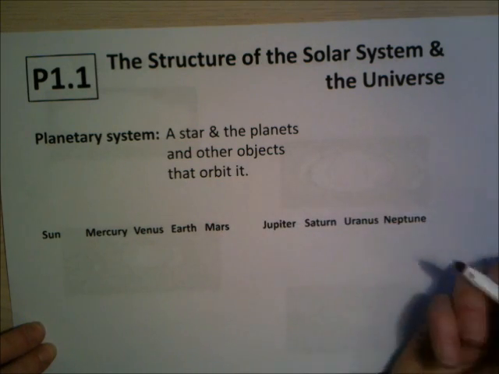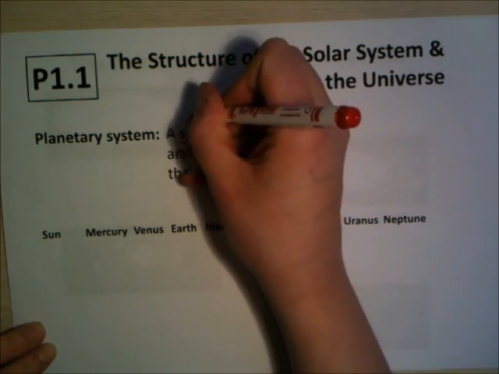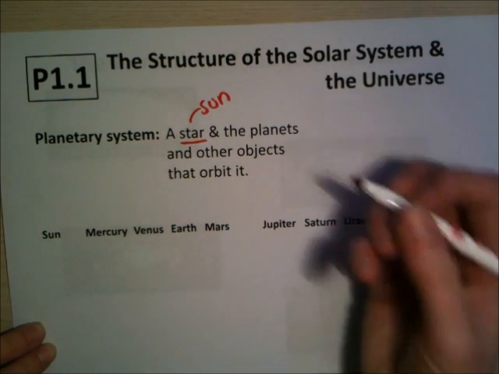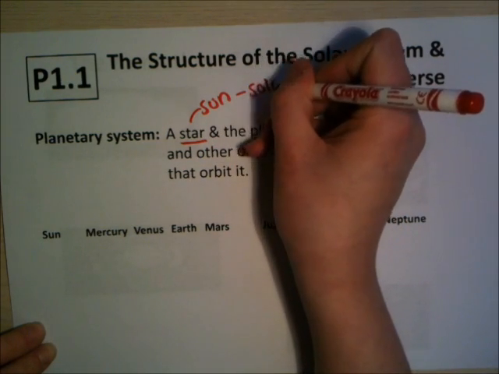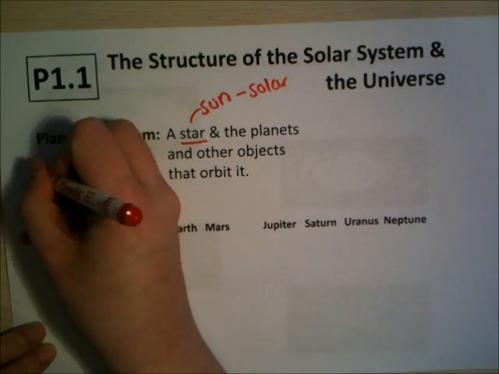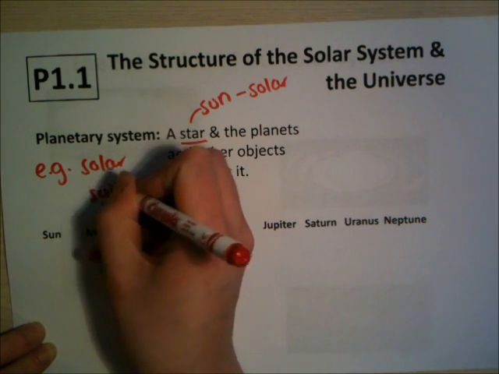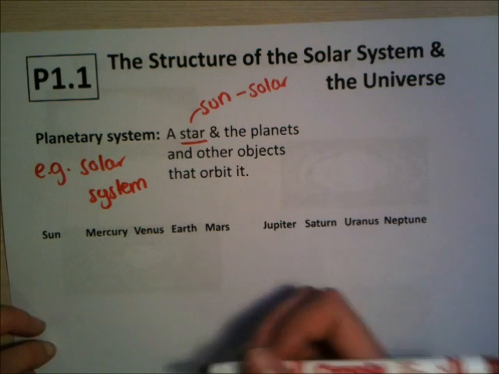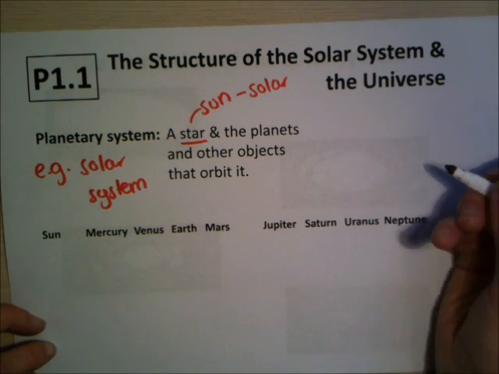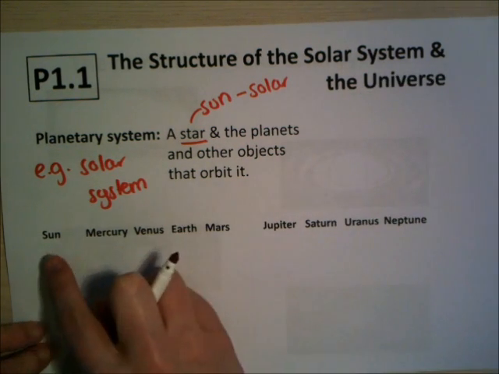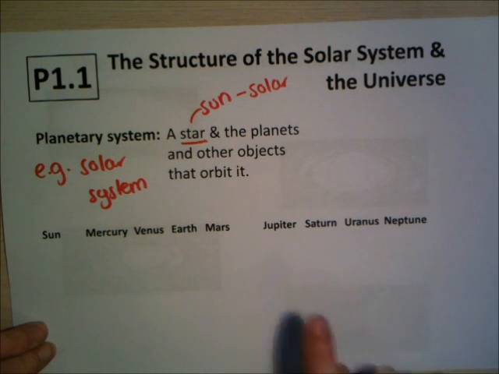It's called solar because our sun is our star, and anything to do with the sun, we say solar. So a planetary system, like the solar system, is just a star, or our sun in this case, with the planets going around it. And the planets we know from down here are Mercury, Venus, Earth, Mars, Jupiter, Saturn, Uranus and Neptune, and I'll come on to those in a minute.